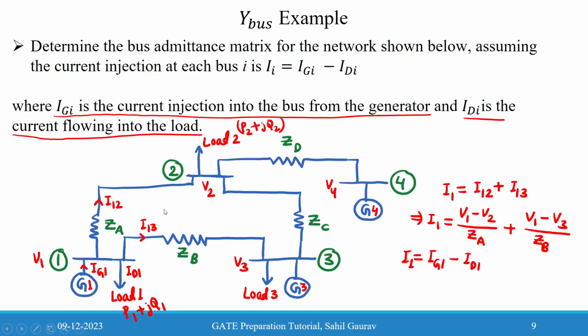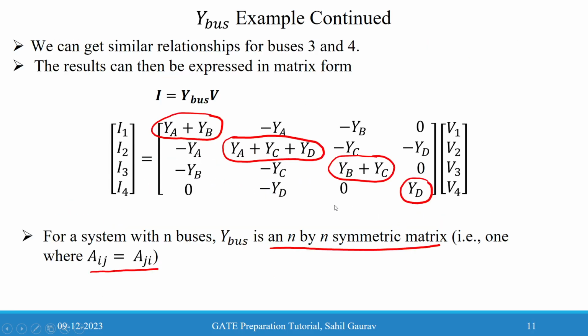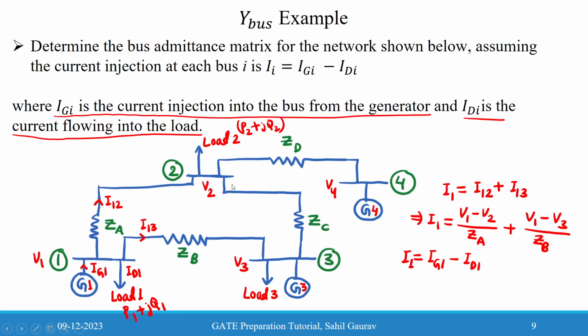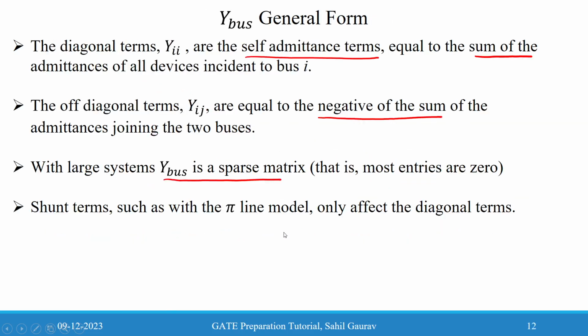Here, since this is a four bus system, we don't have so many zero values. But if this system is large, it is not necessary that bus one is connected to each and every bus. It means nearby buses only need to be connected to each other. So that's why for a large system, this Y bus matrix is generally sparse in nature.